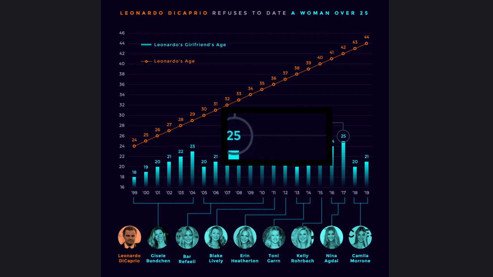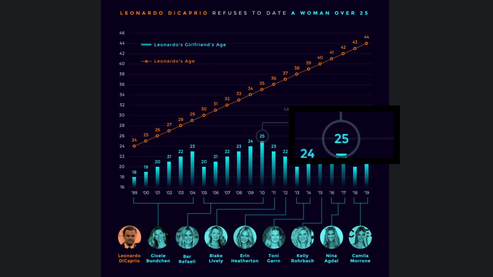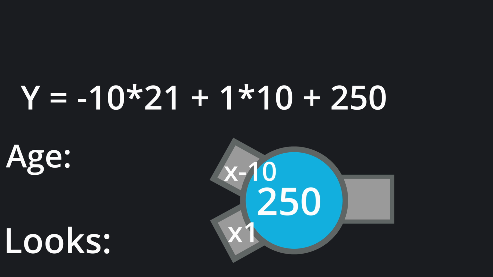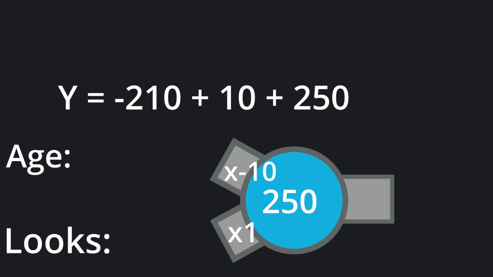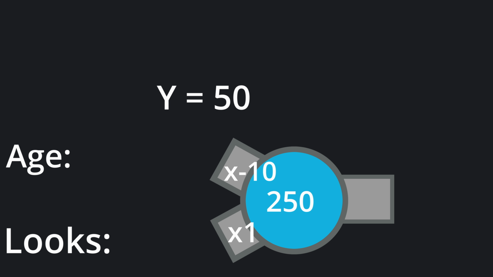This is where the bias can finally come into play. As you can see, the top limit is 25. So now let's add a bias of 250 to counteract the weight of negative 10, and after calculations we get an answer of 50, which is pretty fair.